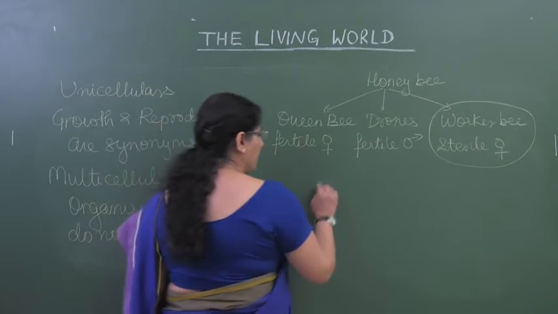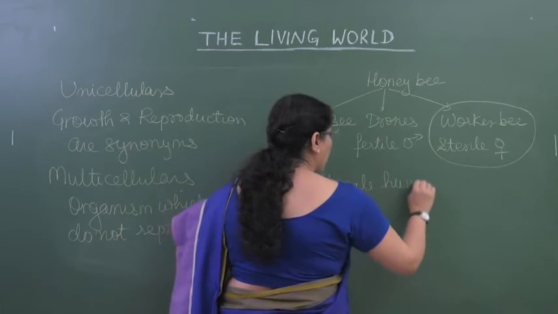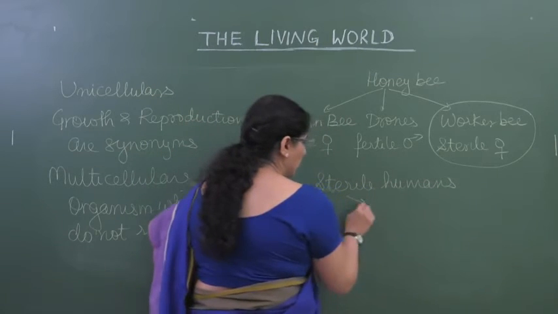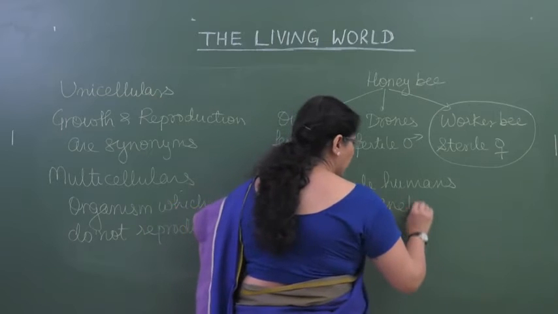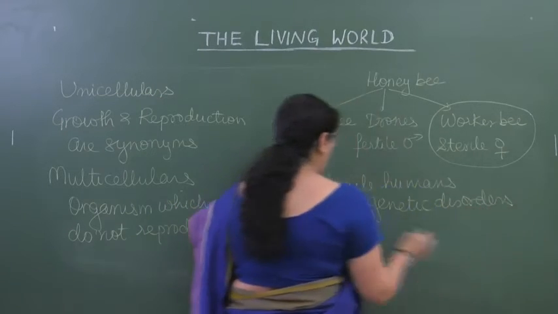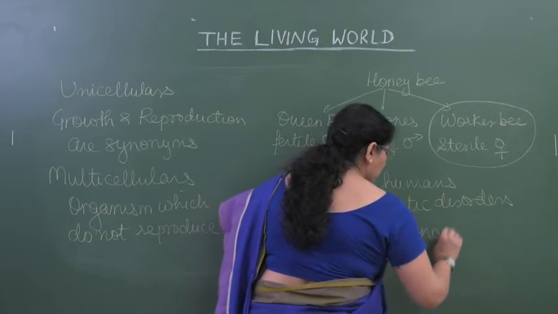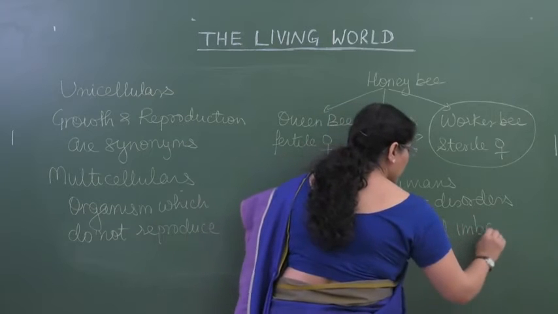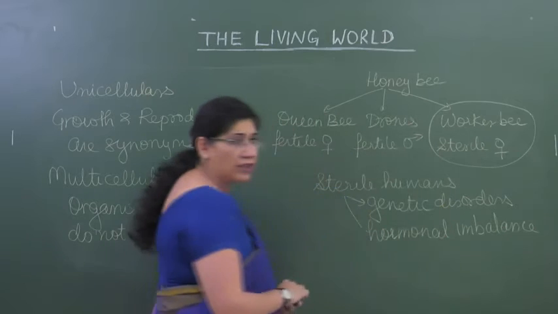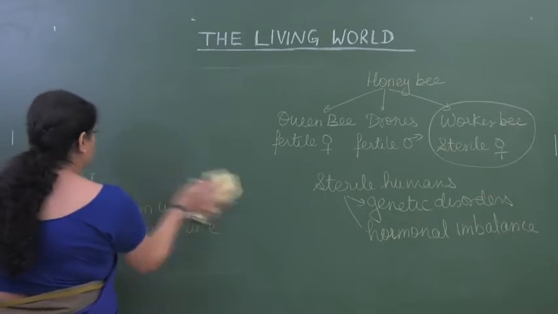Another example we can take is that there may be sterile humans. The sterility in humans can be due to genetic disorders, can be due to hormonal imbalance.